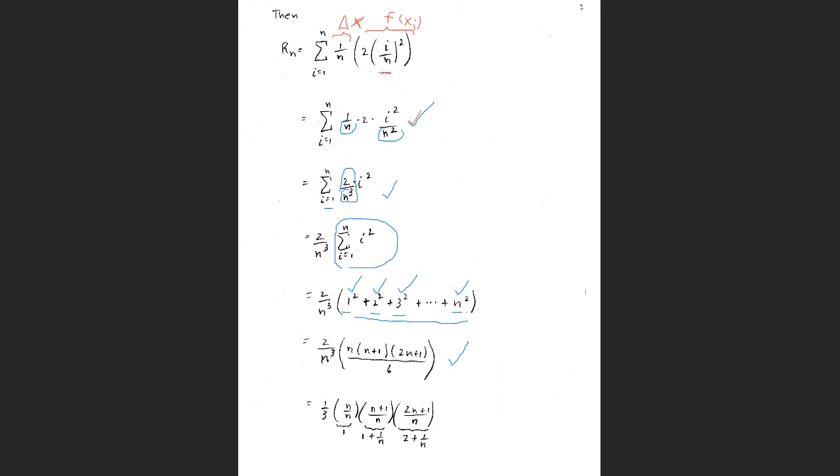And that would have to be given to you in any problem where, I mean, we're going to find the exact area in section 5.1 for this problem. So we need to have that formula.